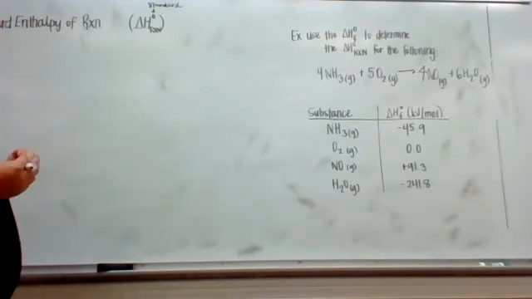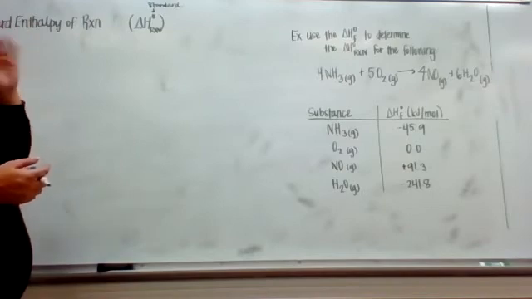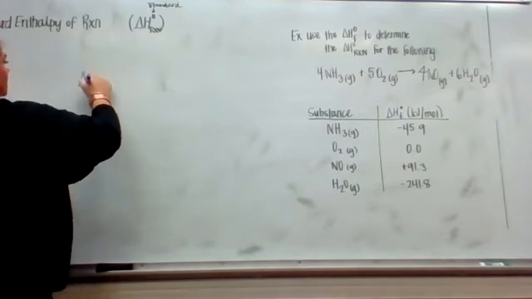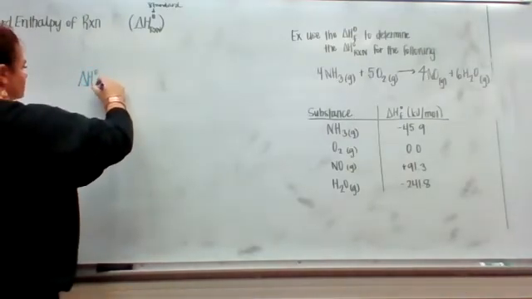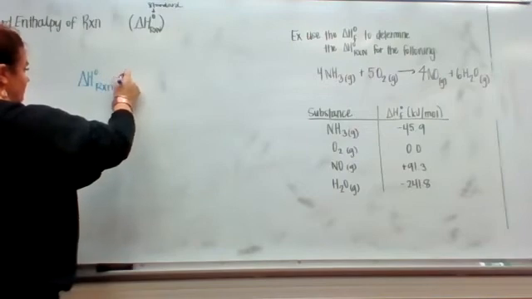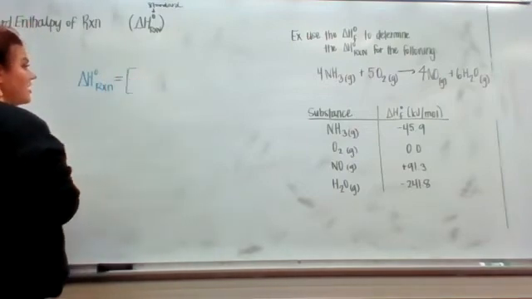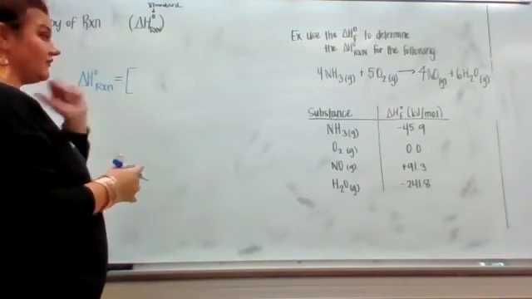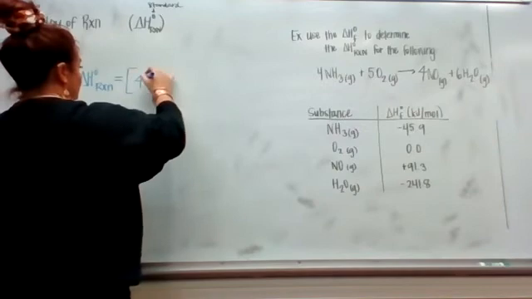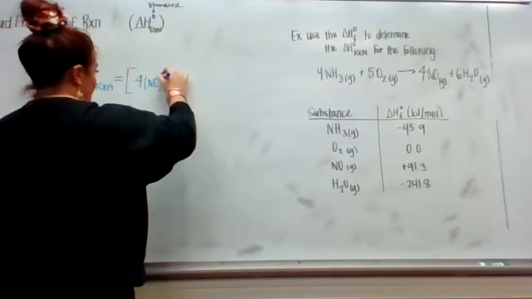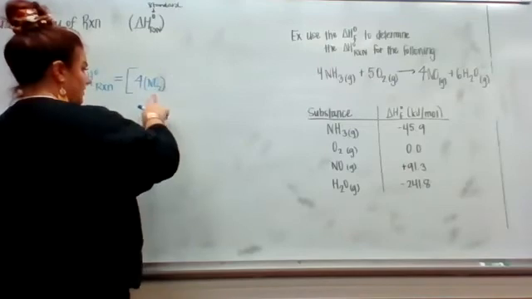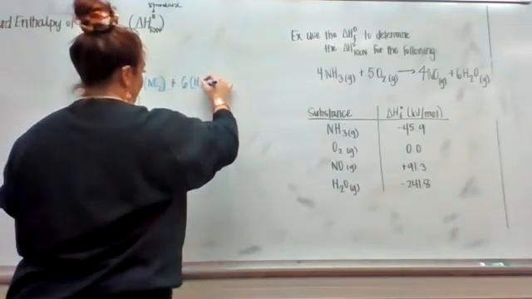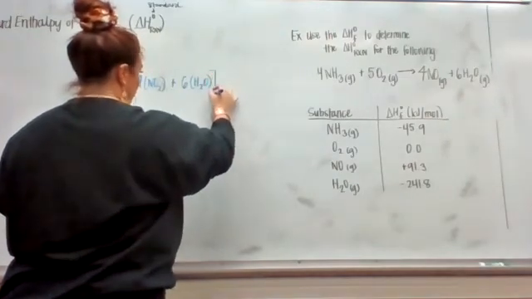Okay, so I'm going to write it out first, like what numbers I'm going to use, and then we'll plug in just so you can see. So my delta H of reaction is going to be the sum of my products multiplied by their coefficient. So it's going to be 4 times the enthalpy of NO2, plus 6 times the enthalpy of water.